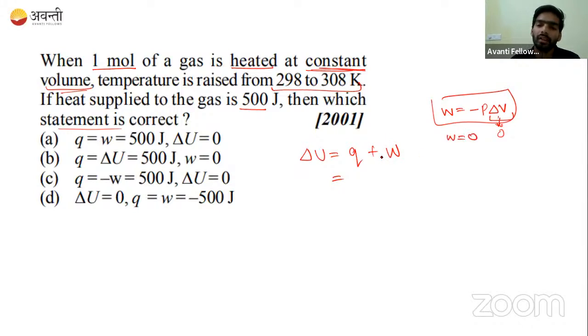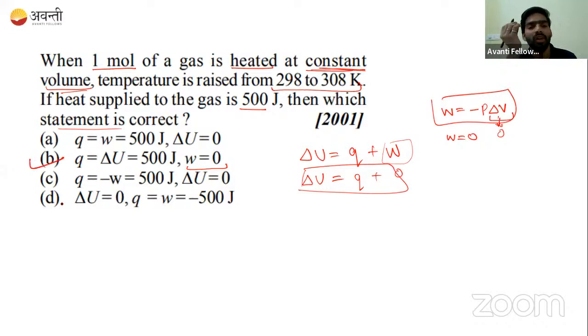That means this term will become zero, and then it will be Q plus 0. So here the change in internal energy is nothing but Q plus 0. So that means work done is going to be 0. In all these options, only one option has work equal to 0. That means our answer is B.